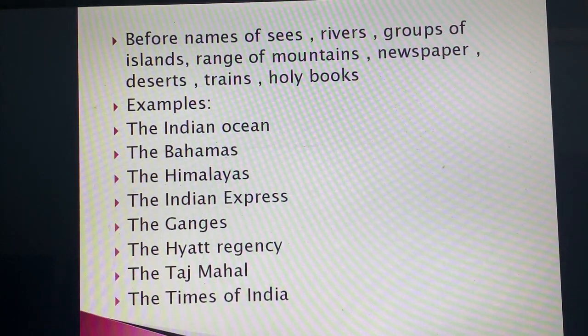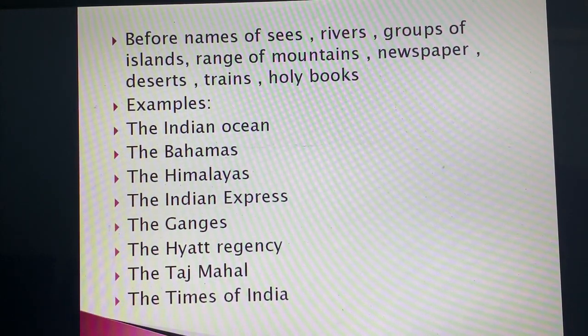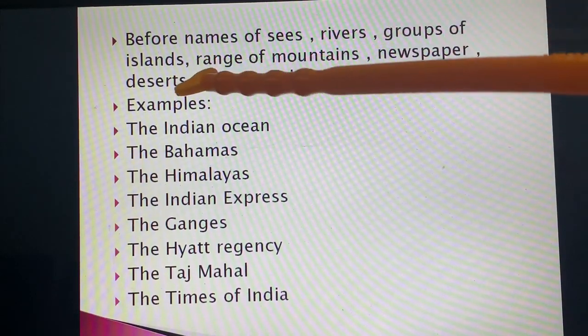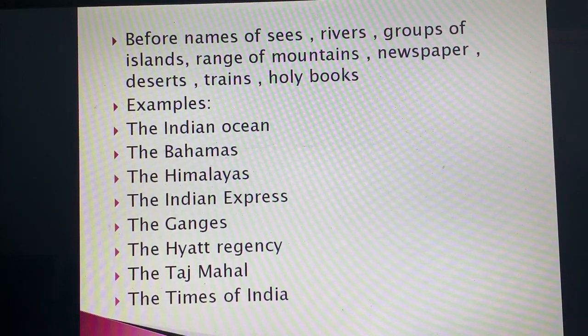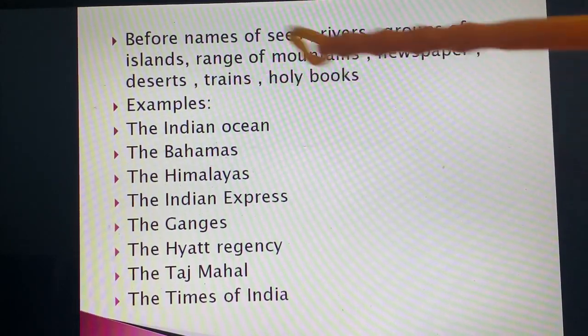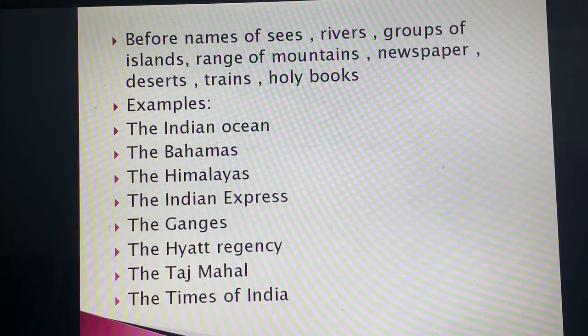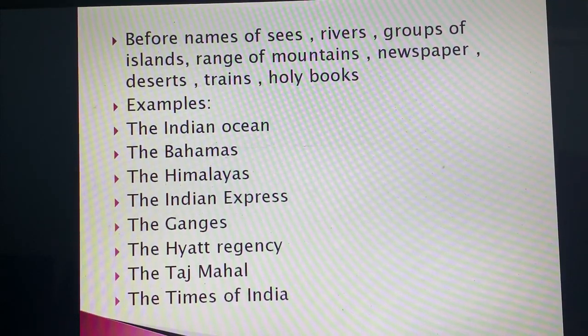The is used before names of seas, rivers, groups of islands, ranges of mountains, newspaper names, desert names, train names, holy books, and so on. We also use the. Now look at the examples. The Indian Ocean. Fine.